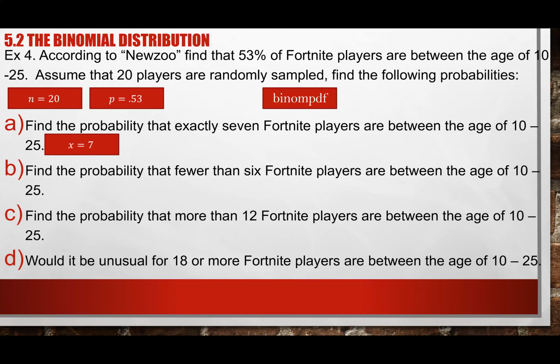In your calculator, you type in 20, your total, 0.53 is your probability, and your X is 7. Hopefully you see that once we identify the feature on your calculator, the arithmetic is not hard. The hardest part is determining which one we are using, the PDF or the CDF. And the other thing is, what is your X?